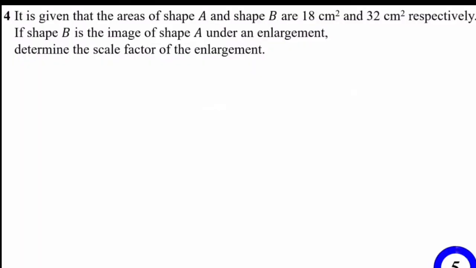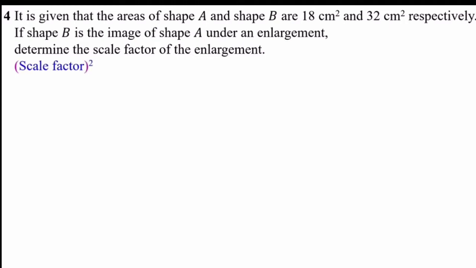Question number 4. It's given that the areas of shape A and shape B are 18 cm square and 32 cm square respectively. If shape B is the image of shape A under an enlargement, determine the scale factor of the enlargement.